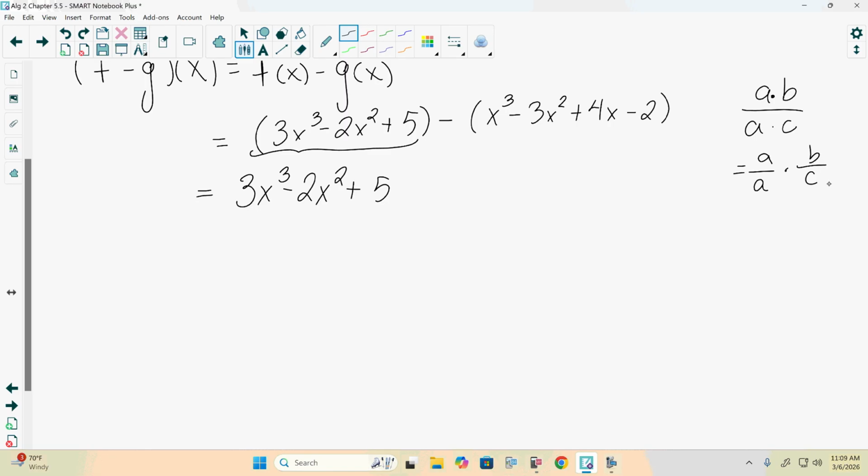A over a reduces and leaves me with b over c. But if this is plus, for two fractions to be combined, added or subtracted, the denominators have to be the same. Those two are stuck together, I can't really reduce. So factoring gives me expressions where I have multiple things multiplied together, and I can use that product to start simplifying.